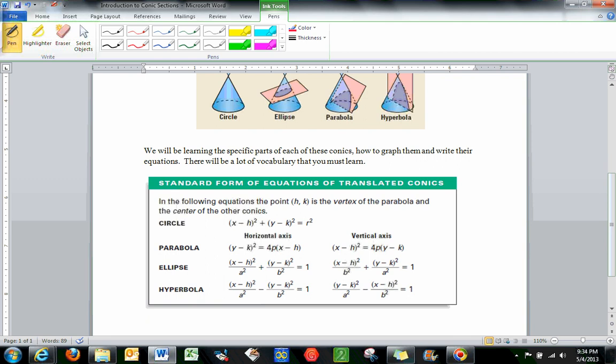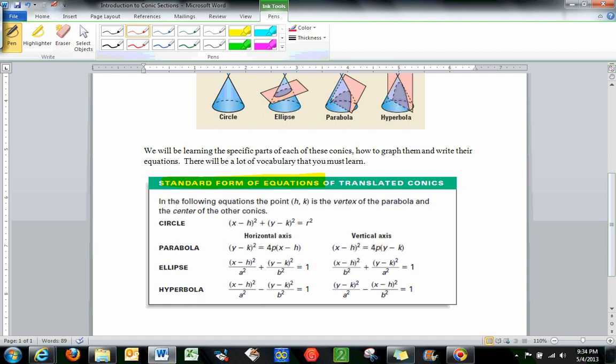Conic sections in general have a general conic form of an equation, and we'll touch on that a little bit more in each of the individual sections. Once we take that general conic equation and we specify it to the type of conic section that we're dealing with, then it narrows down to a specific standard form of the individual conic sections.